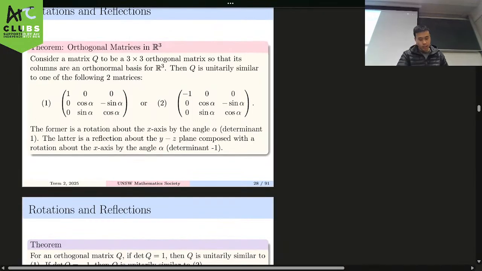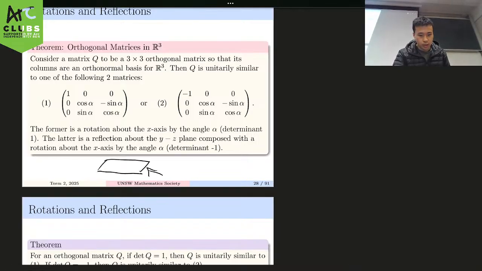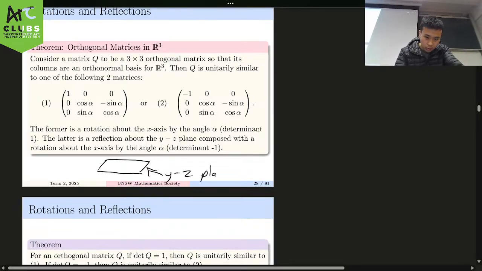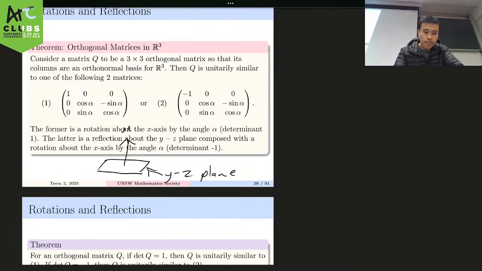It's going to be a bit hard to draw, but I'm trying to say there's a YZ plane, and this is the x-axis. If this is your eigenvector, if it was the first one, then it would just rotate by alpha.